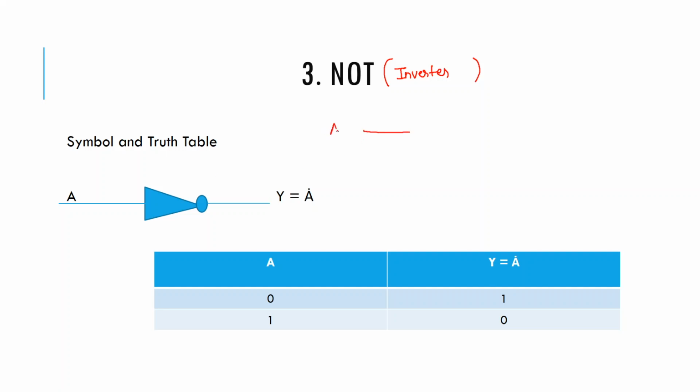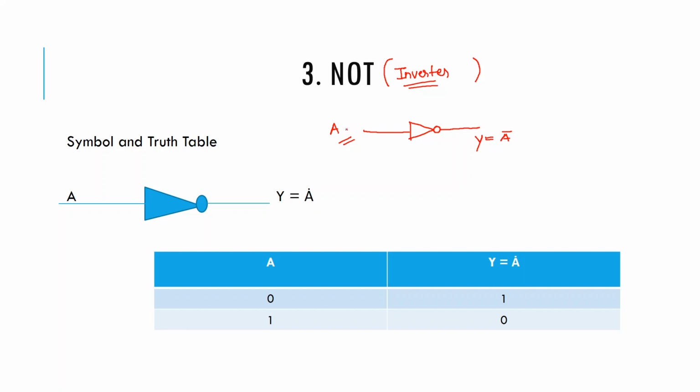It will have only one input, a triangular diagram with a bubble in front of it. Everyone remember this: one input with a triangle and a bubble at the end of the triangle, and only one output. If the input is A, then the output will become A bar.